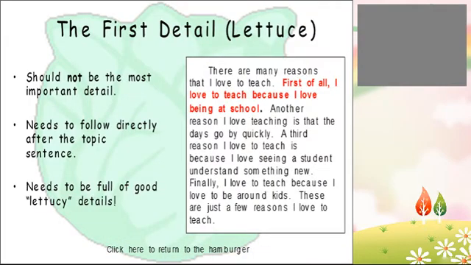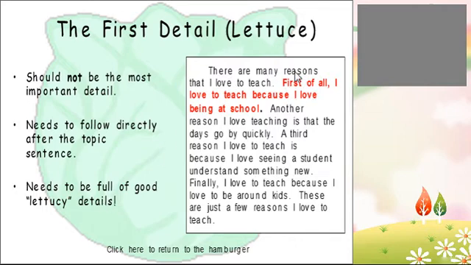In the second layer, we have the first detail, which is the lettuce. After the topic sentence, we have the first detail. It needs to follow directly after the topic sentence, and it needs to be full of good details.